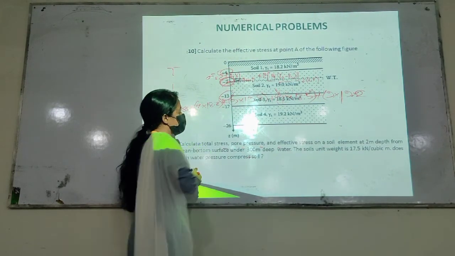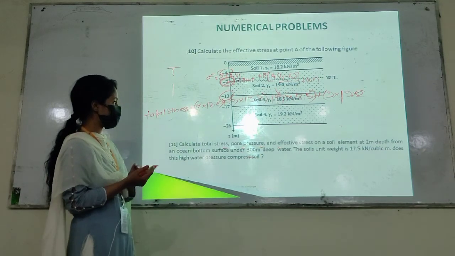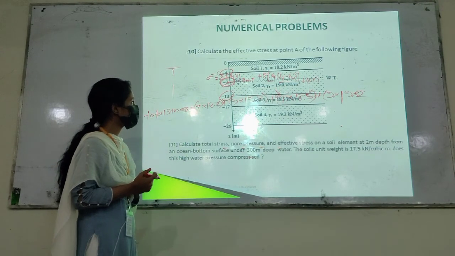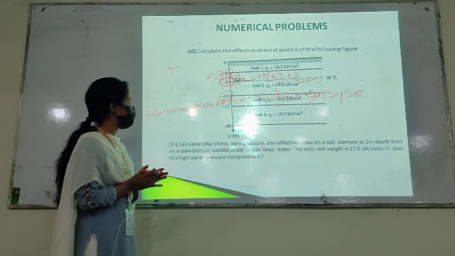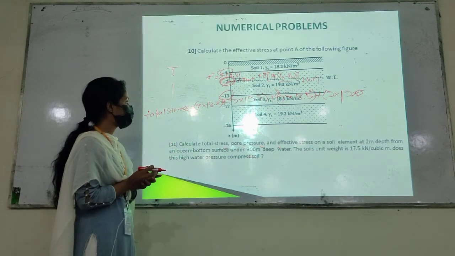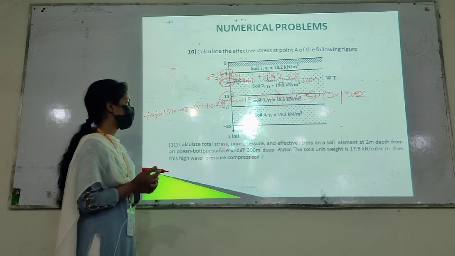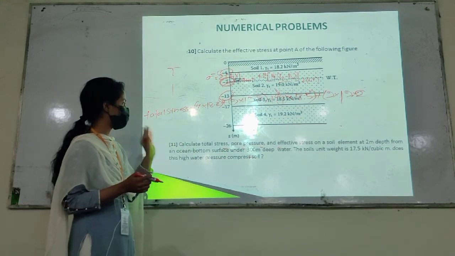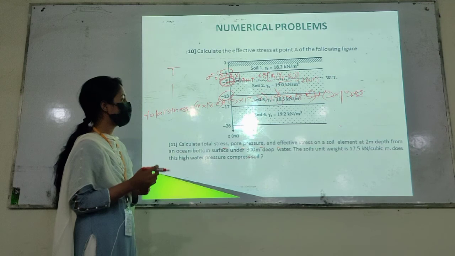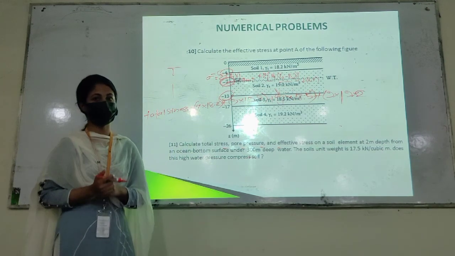The height will be 6. The pore water pressure is the height multiplied by gamma W. For effective stress, if we subtract the pore water pressure from total stress, we will find the effective stress. Thank you so much.